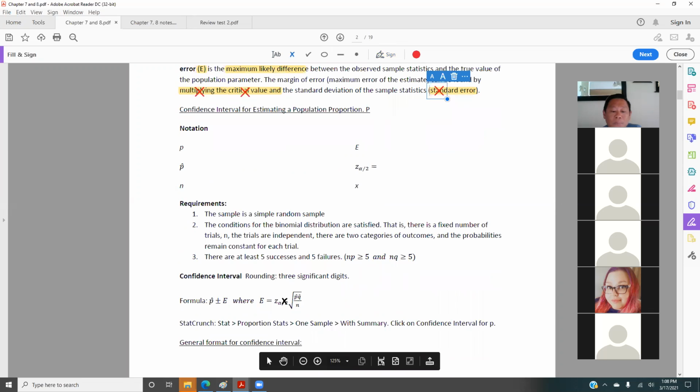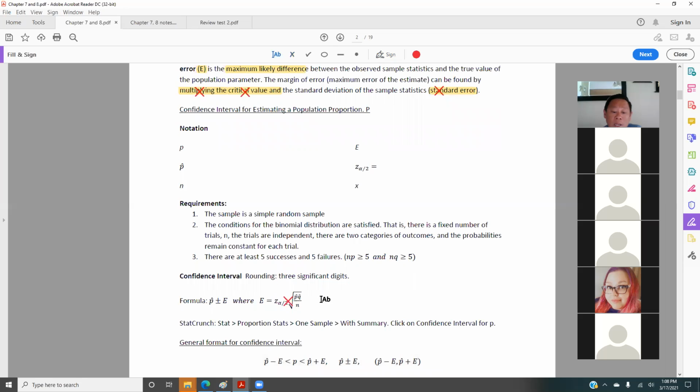This is the formula: E equals Z alpha over 2, which is the critical value, times the standard error, which in this case is the square root of P hat Q hat over N. But you do not need to use this.